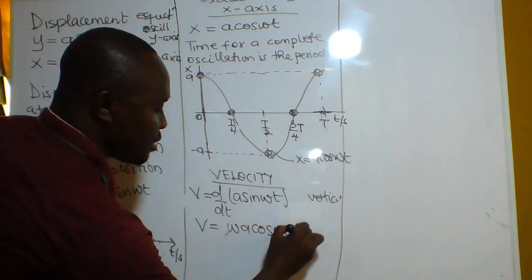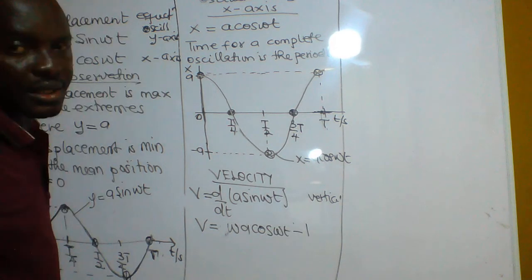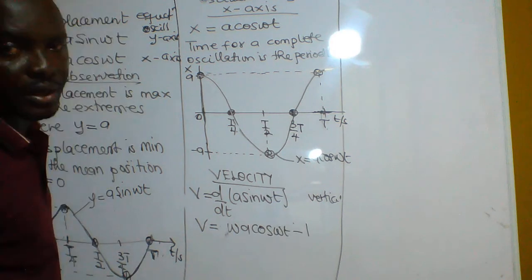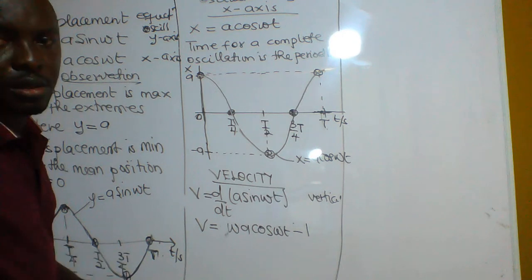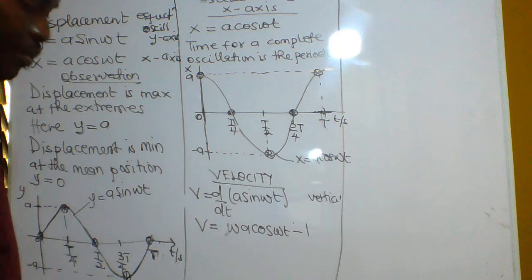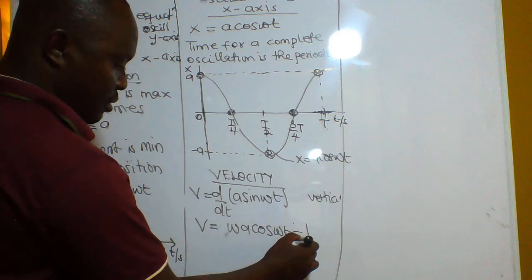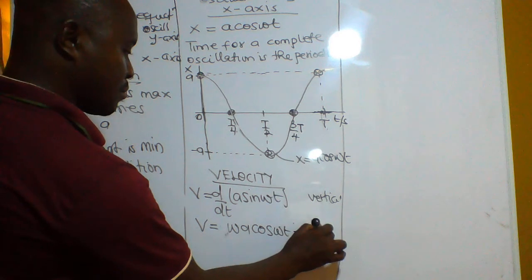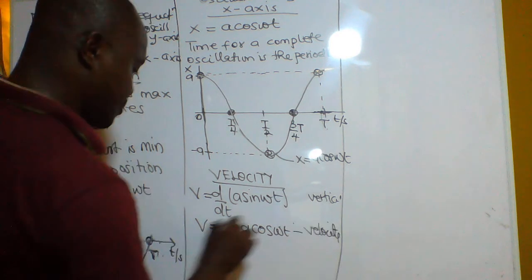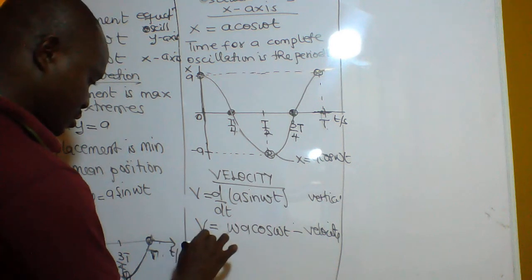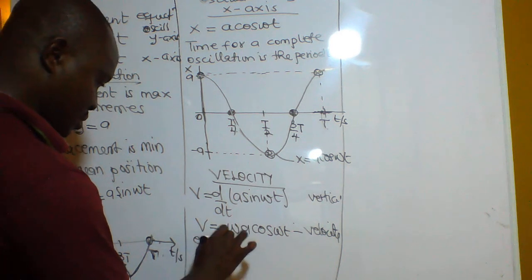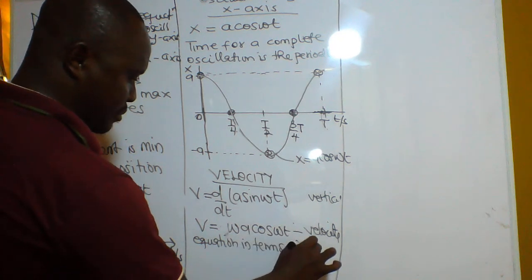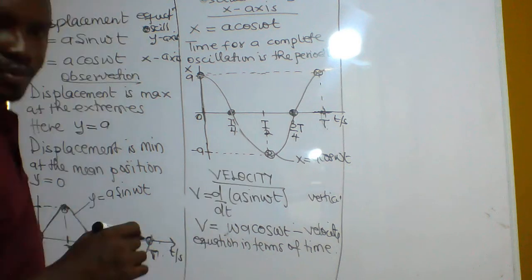This is the displacement function. This is the velocity function. We got this to be the velocity function in terms of time.